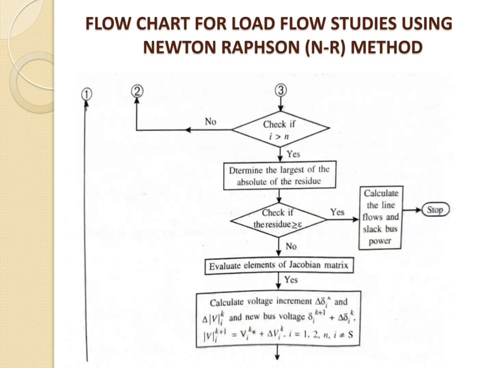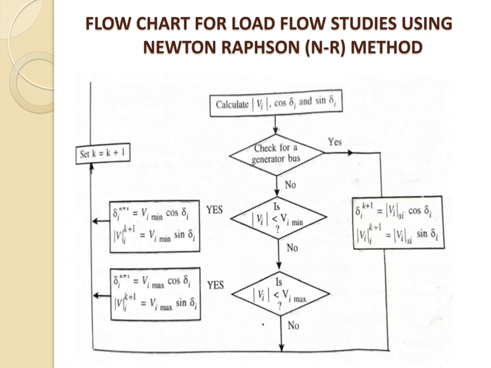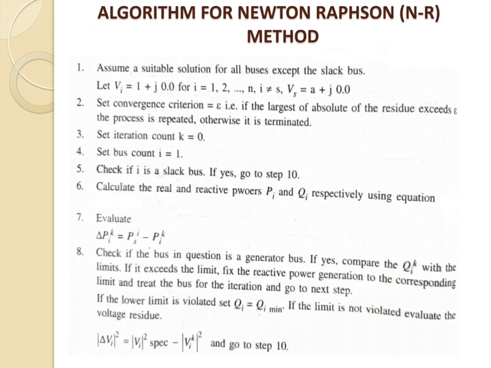Then after we will go for the next step, that is check if the bus is a generator bus. If yes, then compare the Qik with the limits. If it exceeds the limit, fix the reactive power generation to the corresponding limit and treat the bus as a load bus for the iteration and go to the next step. If the conditions are true, then compare the Qik.